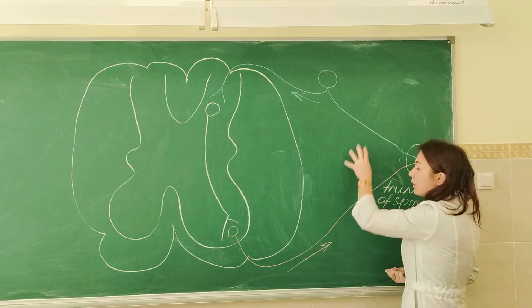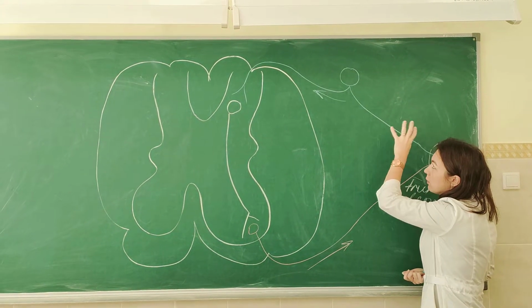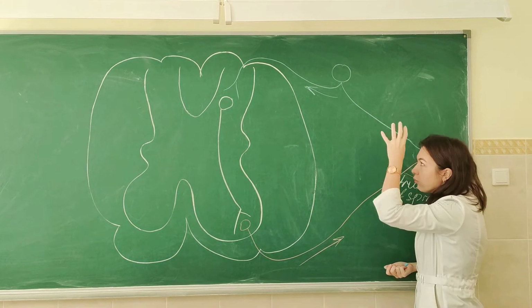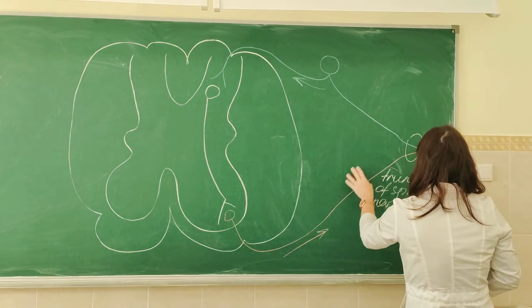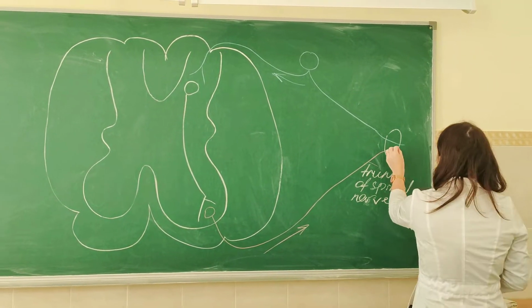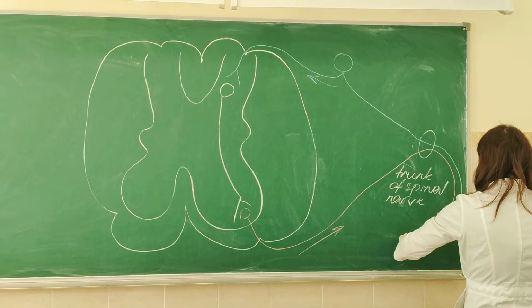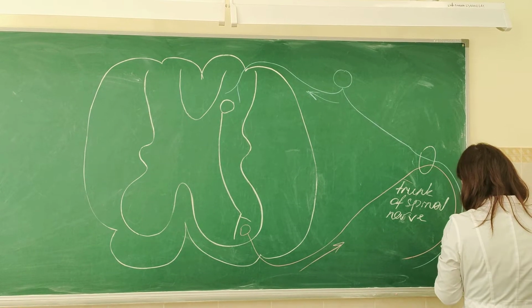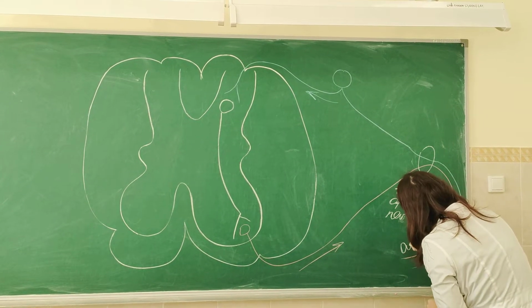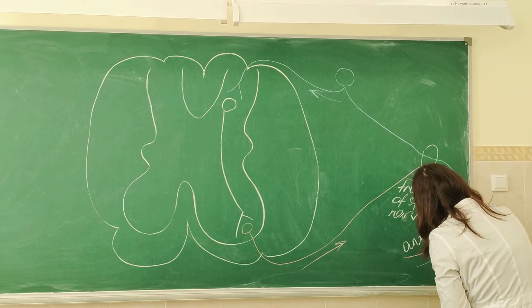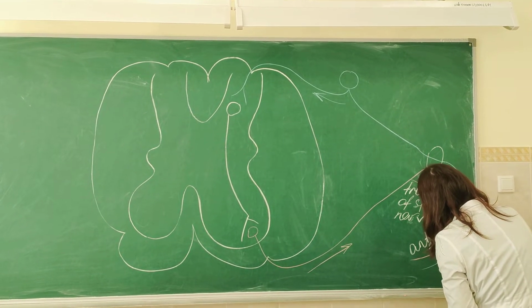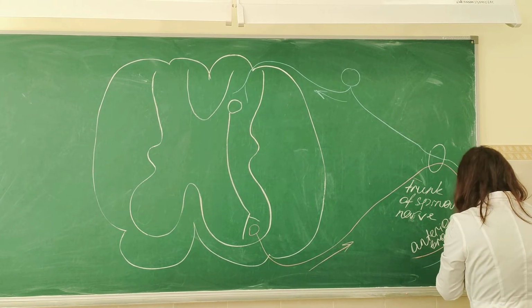So roots are unidirectional, they transmit impulses only in one direction, from or to the CNS, and these branches are bidirectional, so they contain both sensory and motor fibers. The largest branches of the spinal nerve are the anterior branch and the posterior branch.